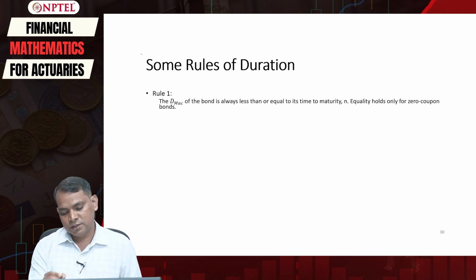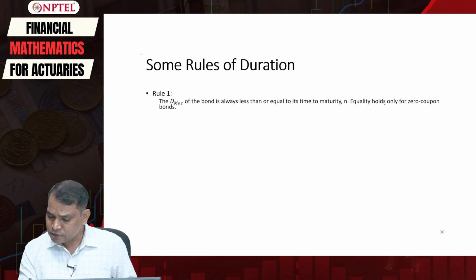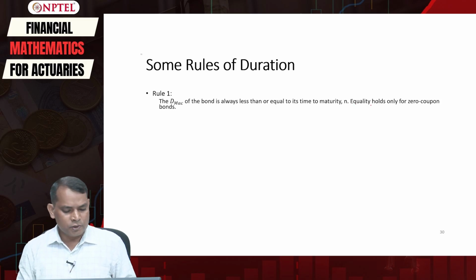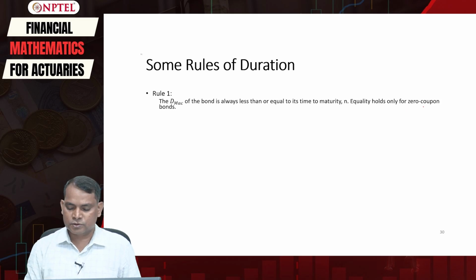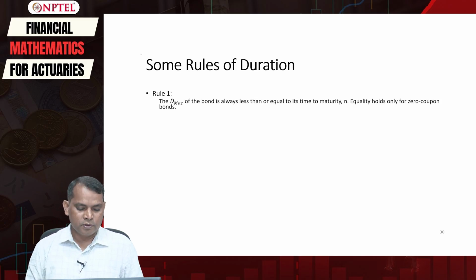We have already seen this. Equality of these two will hold only for the zero coupon bond. So for the zero coupon bond, the Macaulay duration may be equal to the term to maturity. Otherwise, most of the time Dmac is less than n.